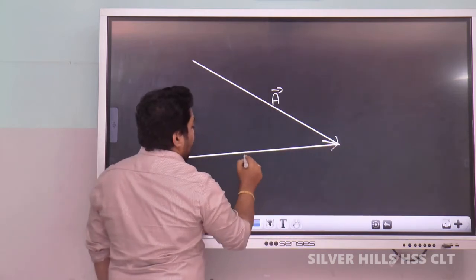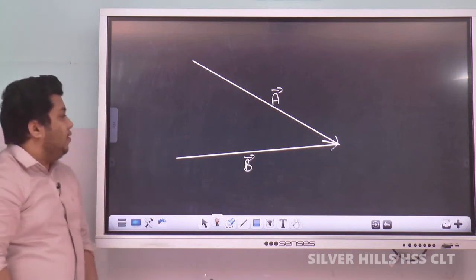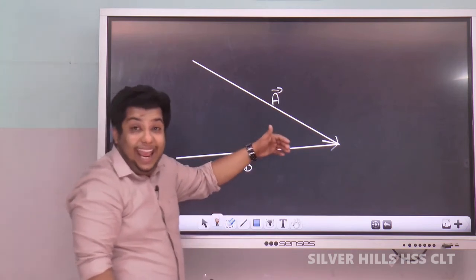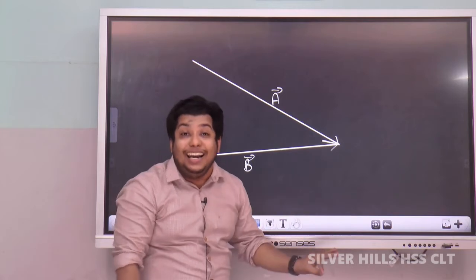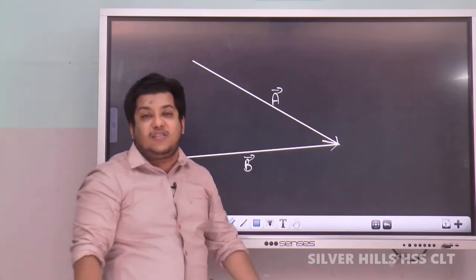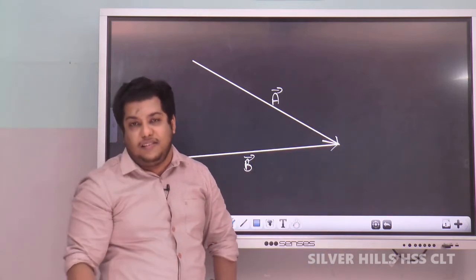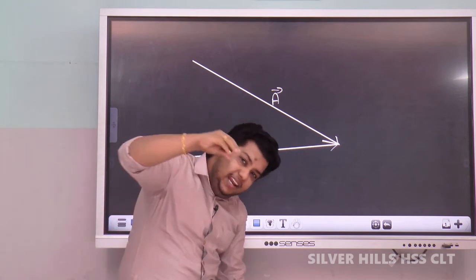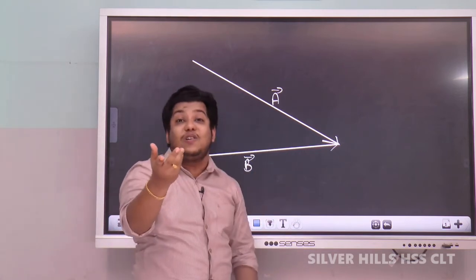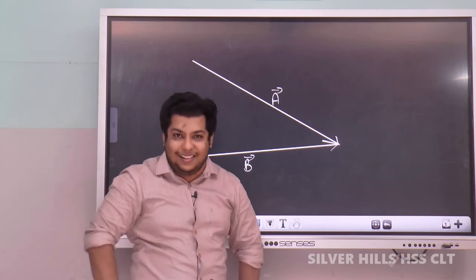From the figure we can see that both A and B have a common ending point or common terminal point. That is called coterminous vectors. So those vectors which have the same ending point are called coterminous vectors.